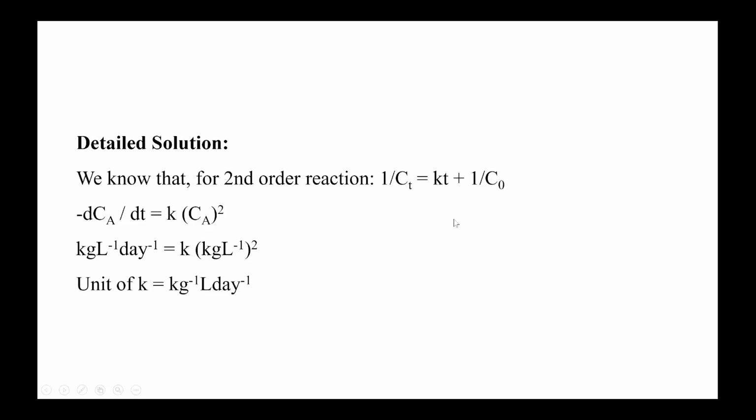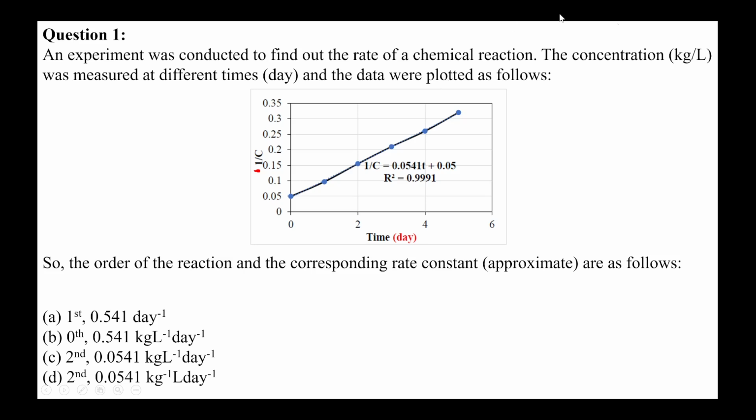For second order reaction, the rate constant is defined through the change in the reactant concentration in a small amount of time. So dCA by dt is equal to K C raised to the power of 2, because it is a second order reaction. Now, what is the unit for concentration given? It is given as kg per liter, right?